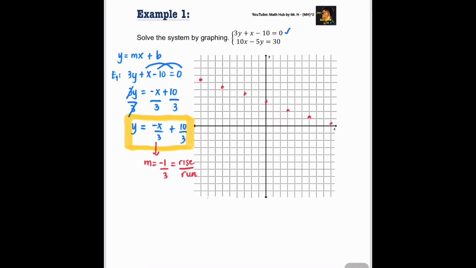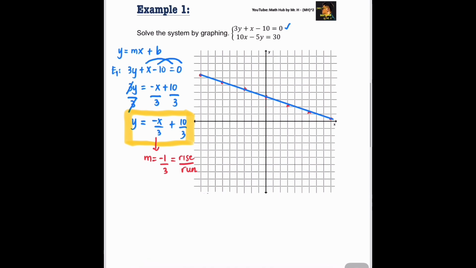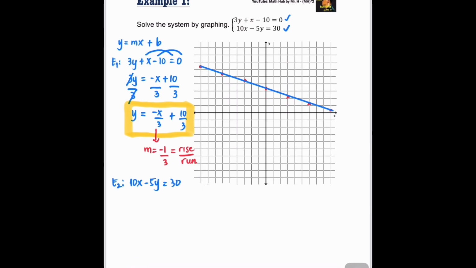Alright, so let's connect the dots to see the straight line for the first equation. Alright, so there you go. That's the first line. Let's graph the second equation, which is 10x minus 5y equals 30. So negative 5y stays on the left. 10x moves to the right, so that will become negative 10x.